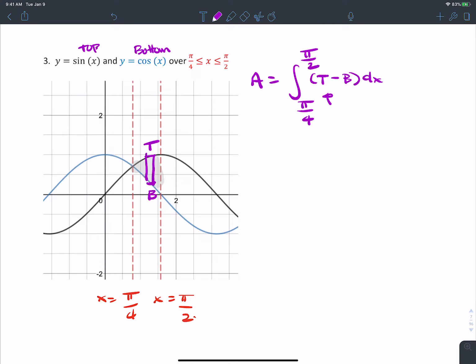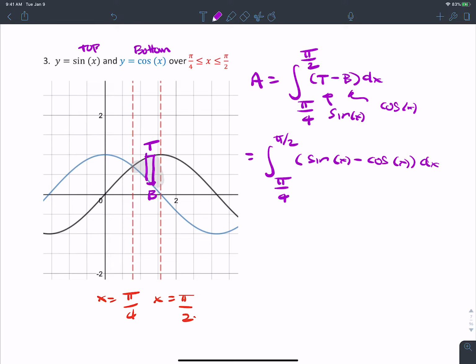So when we replace this, we said the top is sine and the bottom is cosine. So that this will be from pi over 4 to pi over 2, sine minus what? Cosine dx. So we're going to need the antiderivative function. Okay, so what's the antiderivative of sine now?